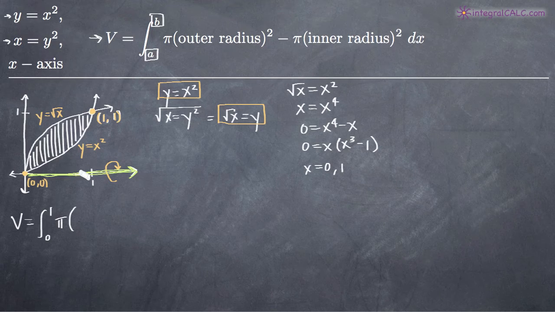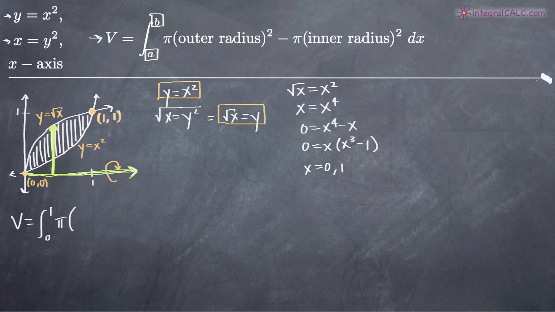So we want to start from the axis about which we're revolving, and draw a line perpendicular to the axis, through the surface, and up to the upper function here. y equals the square root of x is above y equals x squared. So draw a line through the surface all the way up to that.